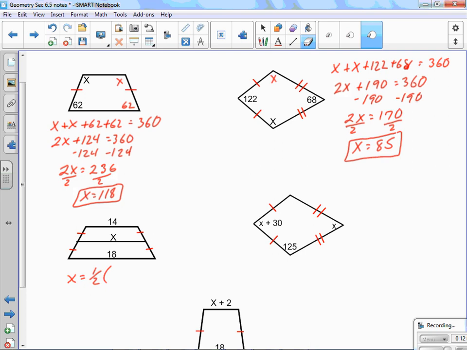So 1/2 of 14 plus 18. So x is going to be 1/2 of 32. Or x is going to be 16.